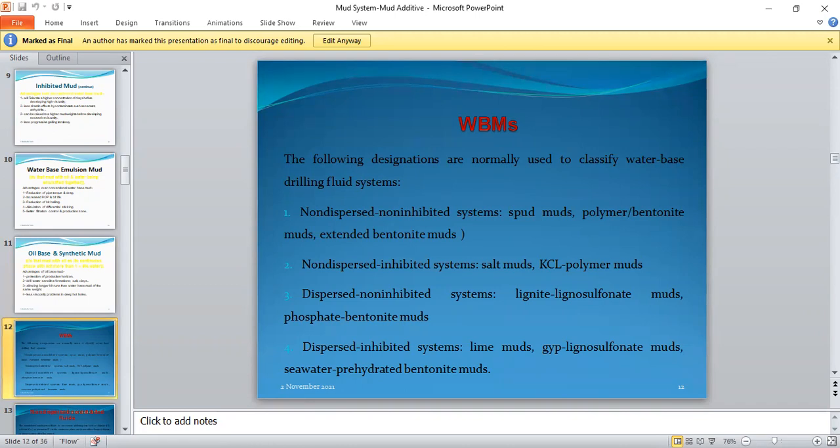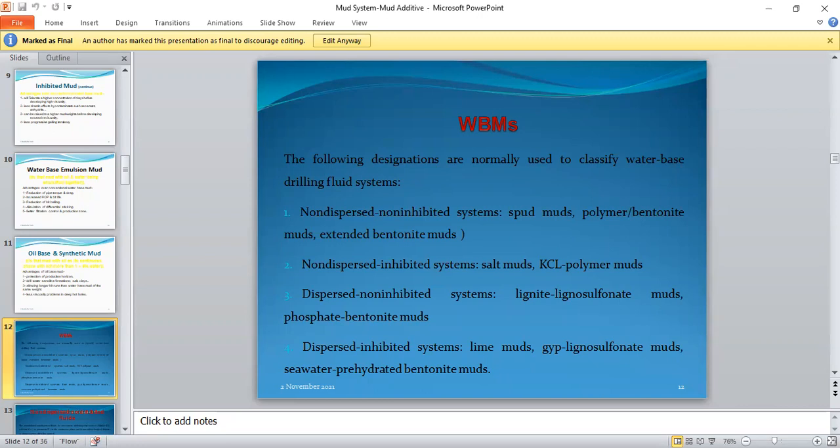WBMs. The following designations are normally used to classify water-based muds, drilling fluids. We're just calling some different types of water-based muds. There are many, a lot. You hear non-dispersed, non-inhibited systems, spud muds, polymer, bentonite mud, extended bentonite mud.